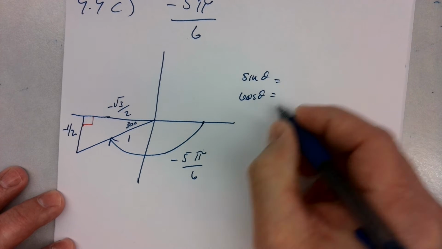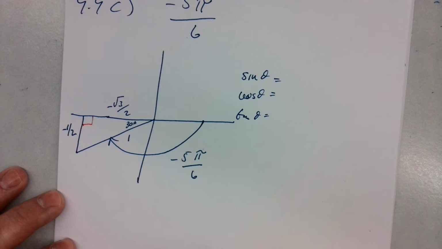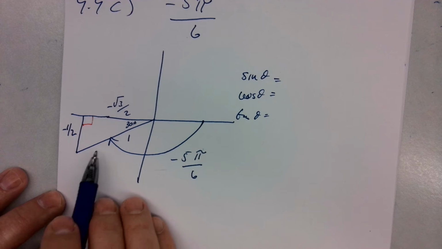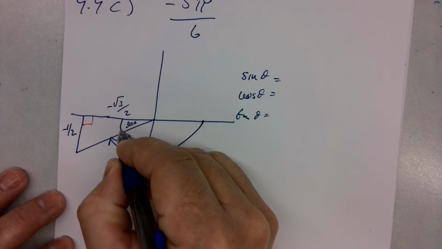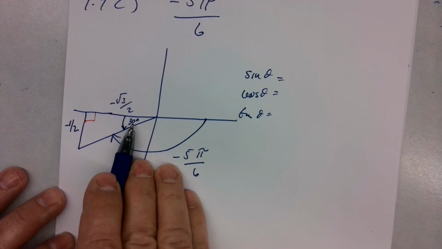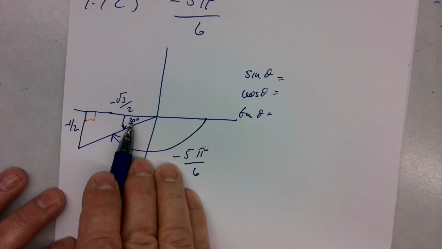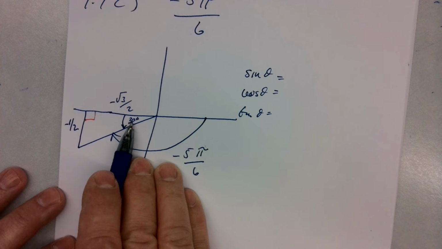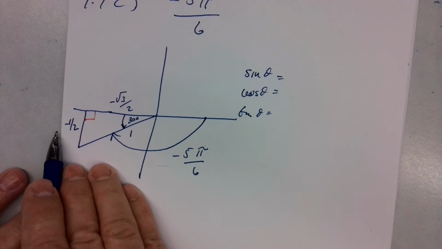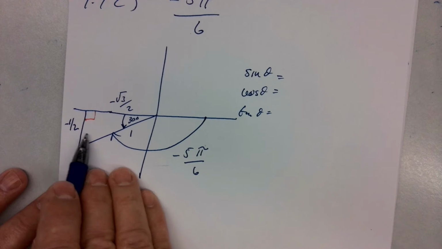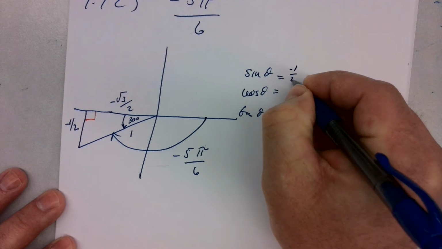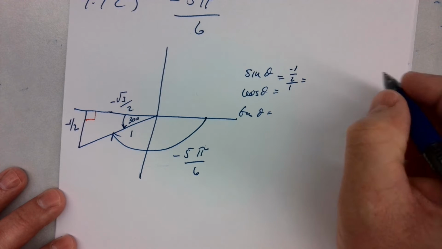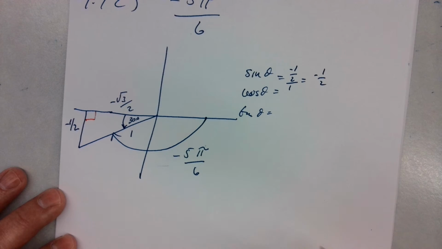Well, this and this are going to give you the exact same thing. So I'm going to look at my 30. What is sine? Opposite over hypotenuse. That's going to be negative 1/2 over 1, which is just negative 1/2, right?